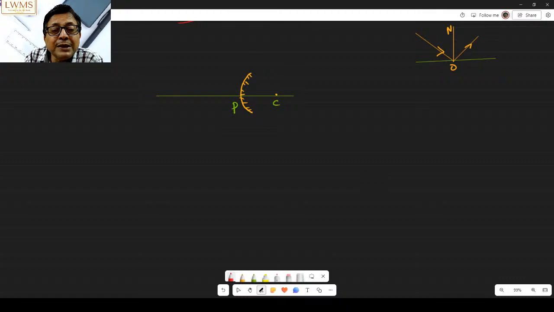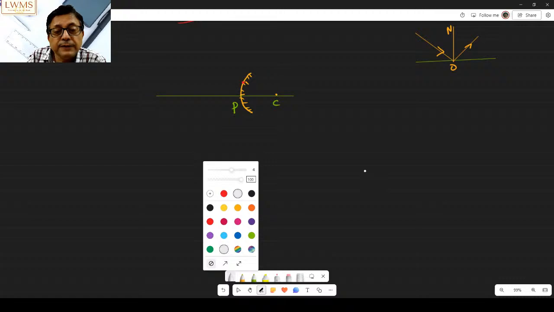Suppose you are taking a ray coming from some distance away from it like this. Let me take this one as a ray of light coming this way, incident here. Now in what direction will this ray of light go?